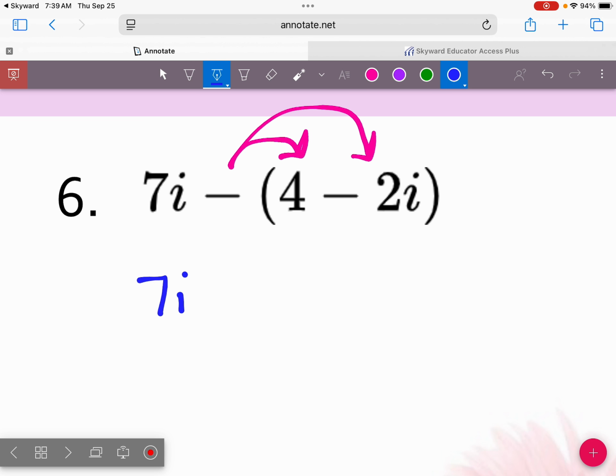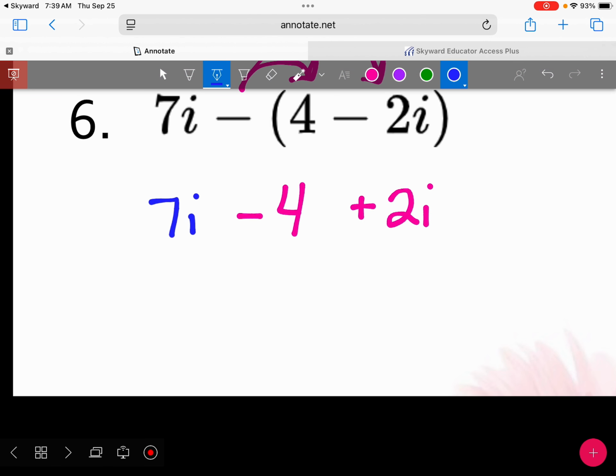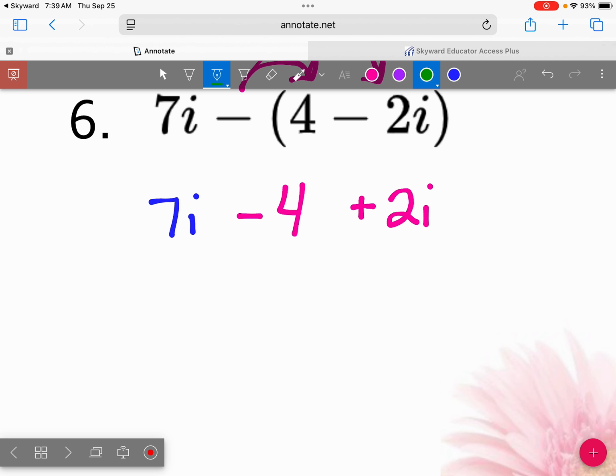Because on this one, we're going to have our 7i minus 4 plus 2i. So we've got to make sure that we cover those and deal with what they are. So when we combine these like terms together here, I don't have anything to combine with the negative 4. He's just going to chill.